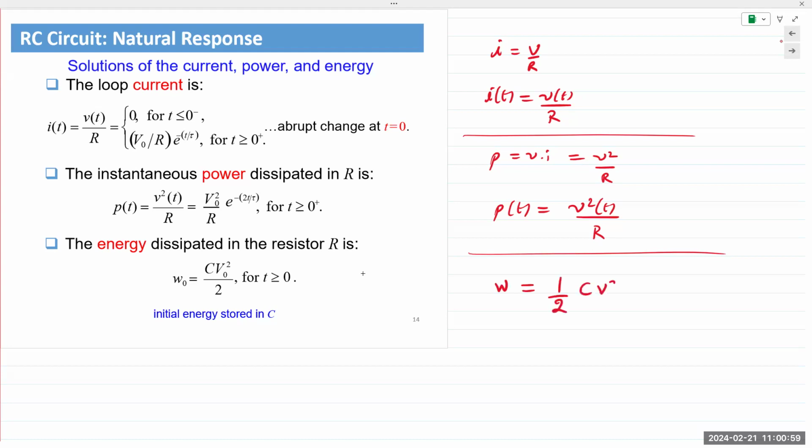So half CV squared. And the voltage in this case is the total initial stored voltage in that capacitor.